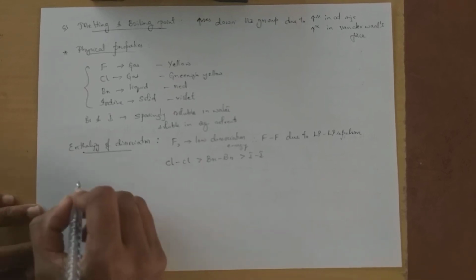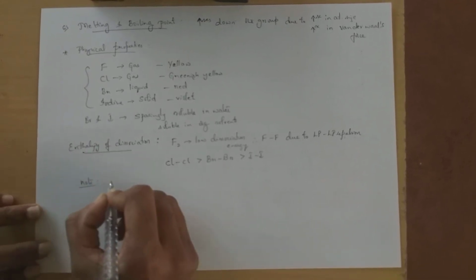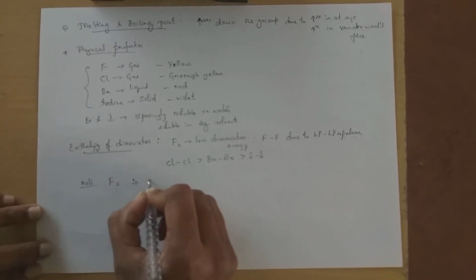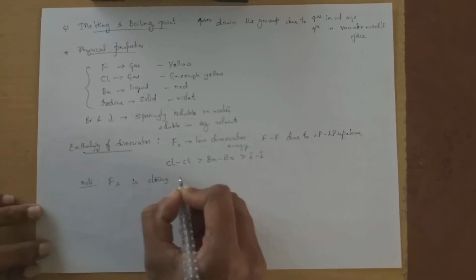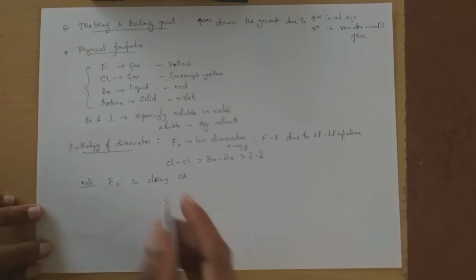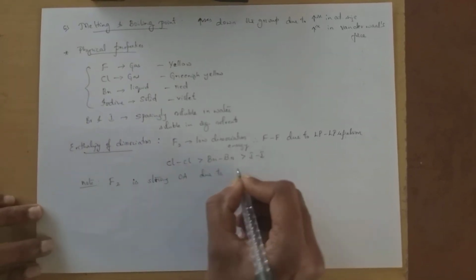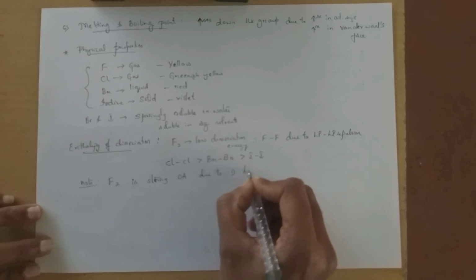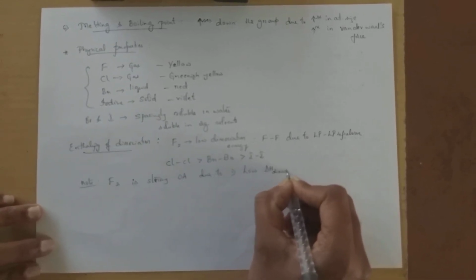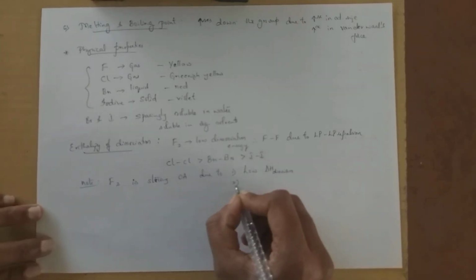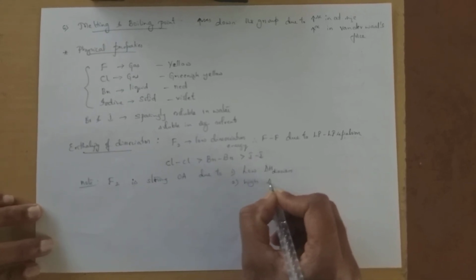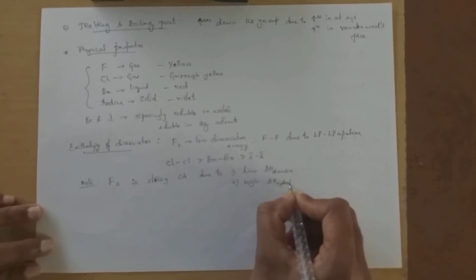Note that fluorine is a strong oxidizing agent for two reasons: first, low dissociation energy, and second, high enthalpy of hydration.